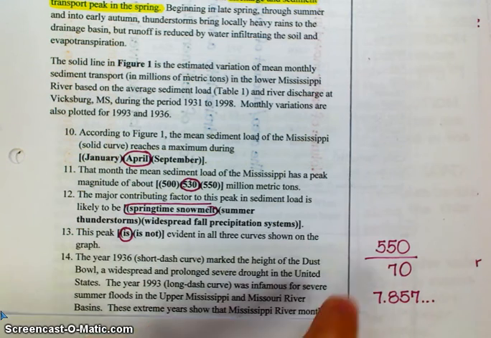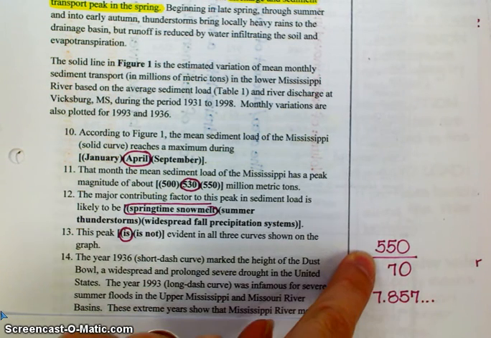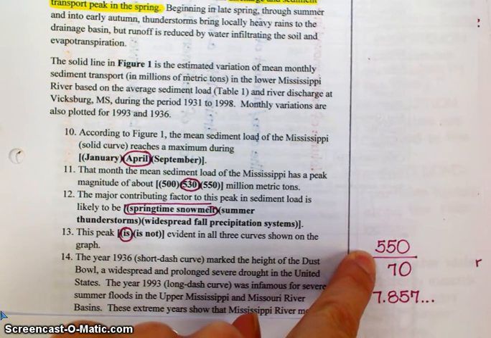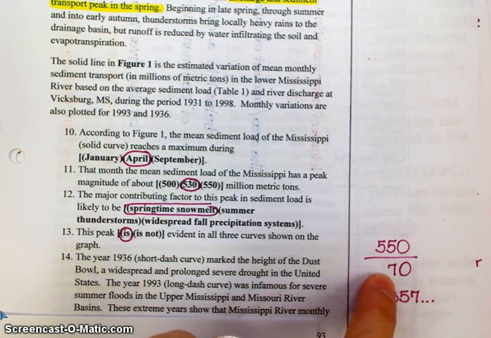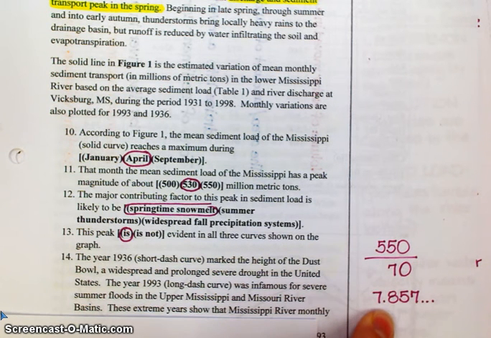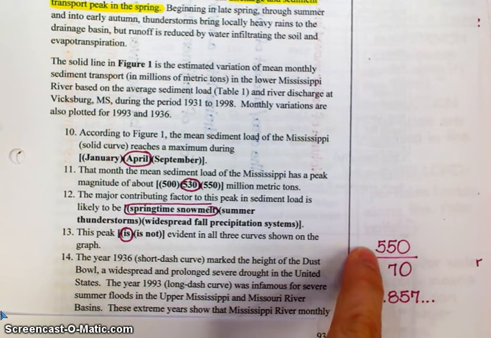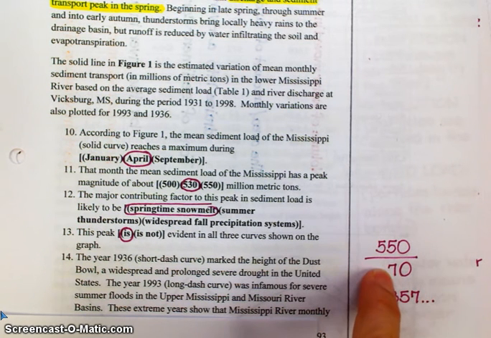The value from the long dash line, which was 1993, was 550 or maybe 560, and divide by the 1936 value for August, which was only 70. When you do that, you get 7.857, something like that. If you actually read 560 and divided it by 70, you would get an even 8.